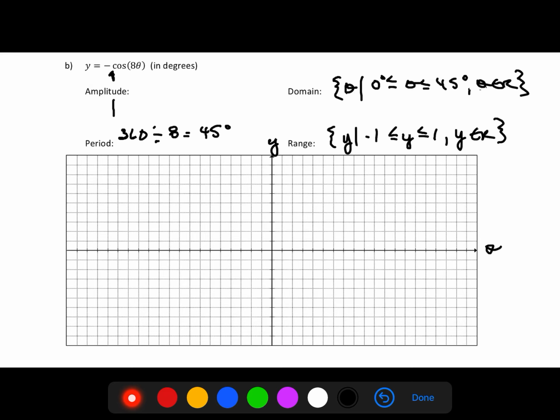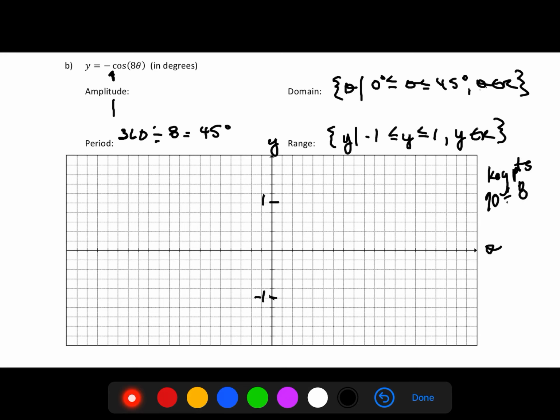And so our domain should be in theta in this case. So our y-axis, we only need to go up to 1 and down to negative 1. So we can use lots of space.